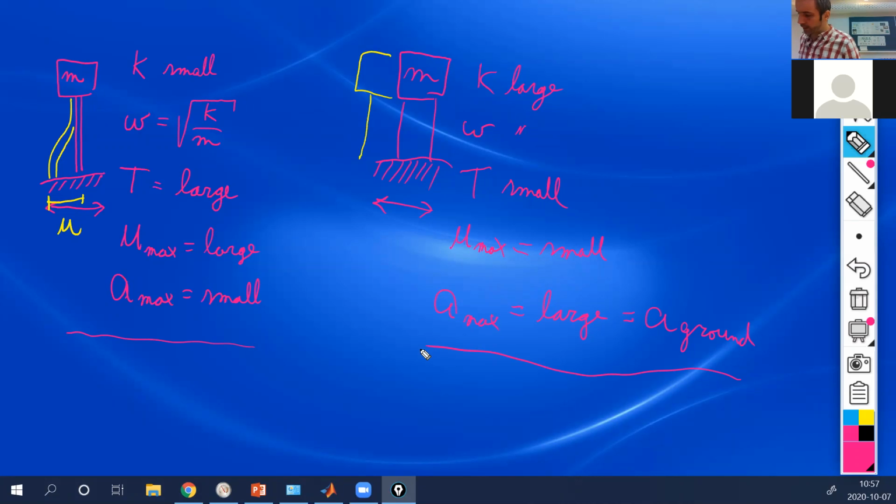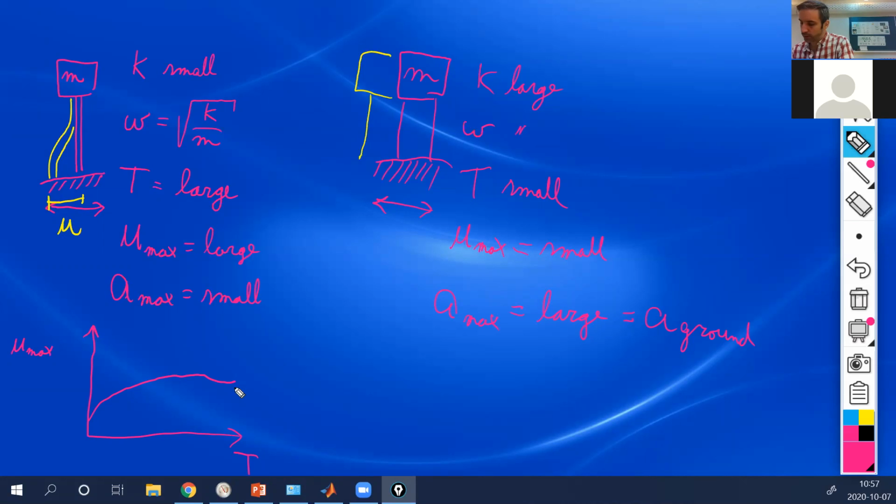And that is what we could see also in the plots. If I draw, for example, something like the Umax with the period of the structure, if you remember the figures, they look something like this, right?